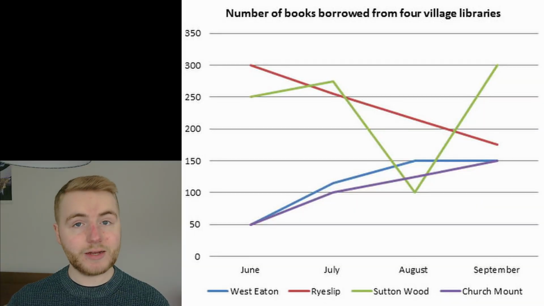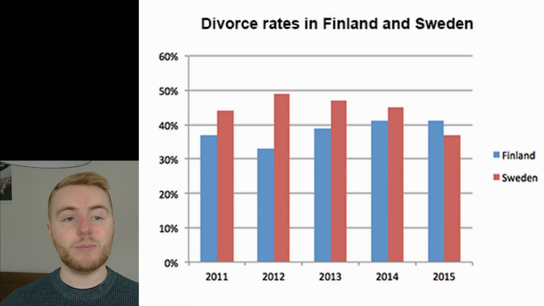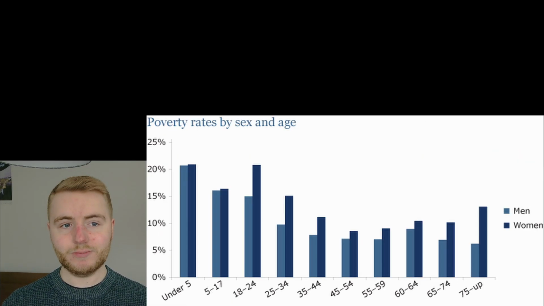I'll display some examples of them on screen as I list them. Firstly, you could have a line graph. You can have a bar chart. You could also have a bar chart with age groups as well.